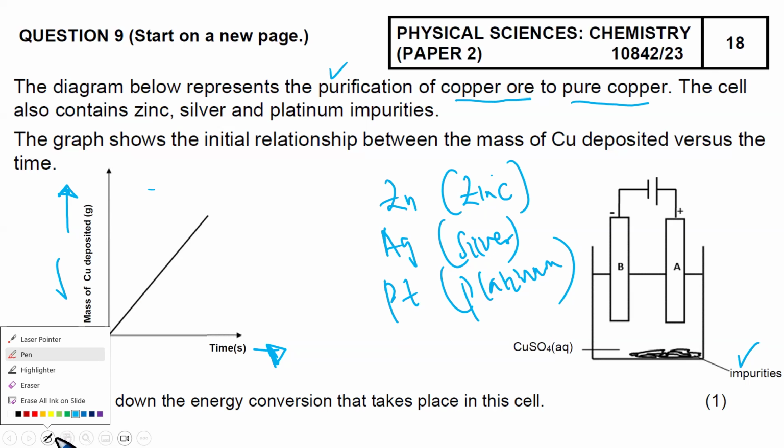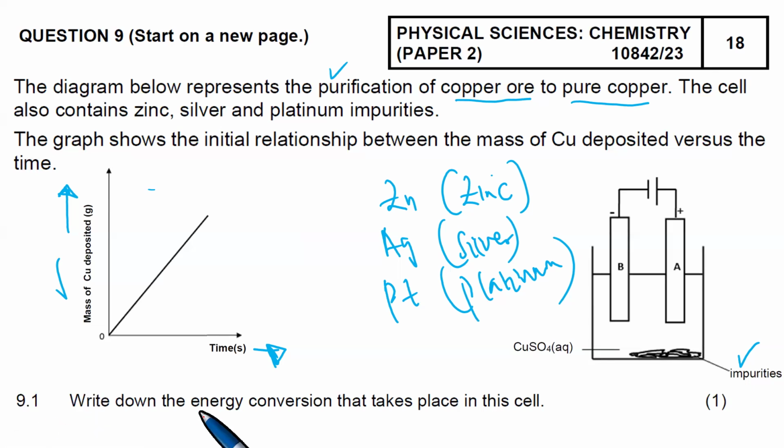So we continue. I'm going to ask you to participate a little bit. We are left with 27 minutes. Write down the energy conversion that takes place in this cell.